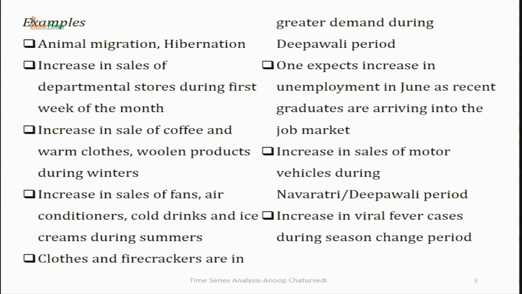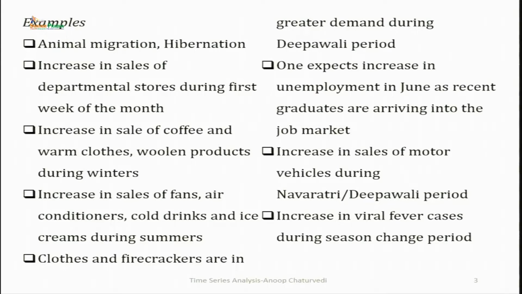Then increase in sales of motor vehicles during the Navratri Deepavali period. People prefer to buy new things like cars or two-wheelers during Navratri or Deepavali. So, again the reason is these festivals, and we get seasonal variations in the sales of motor vehicles.